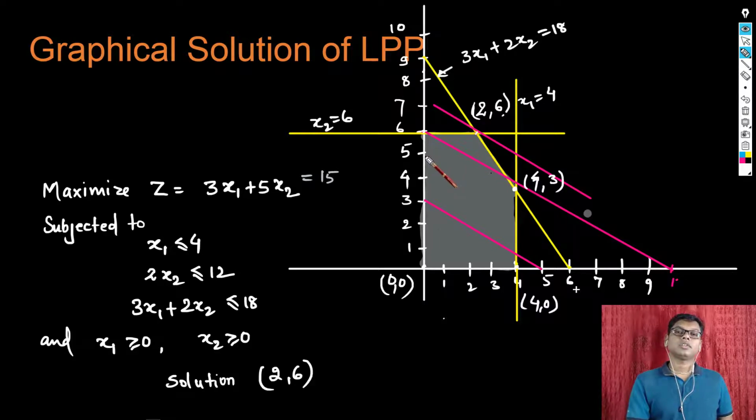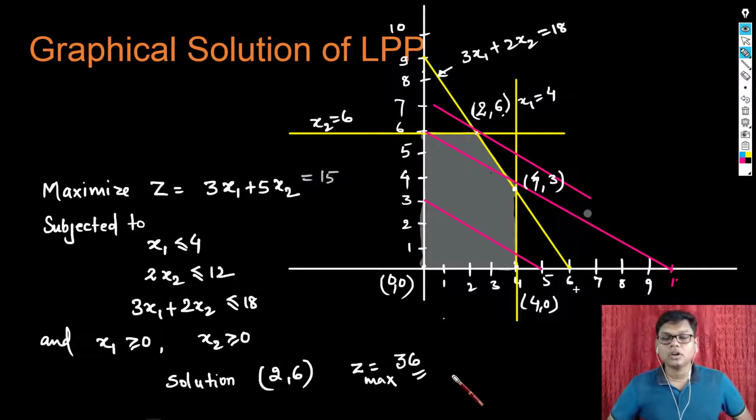So you have to stop at this point, clear, and you will be getting the maximum value here. That maximum value is z max is equal to 6 plus 30, 36. This is the maximum value. So this is how you solve the graphical solution of linear programming problems.